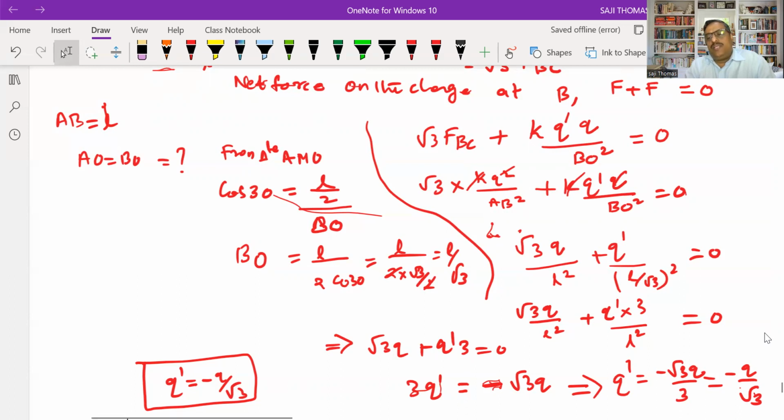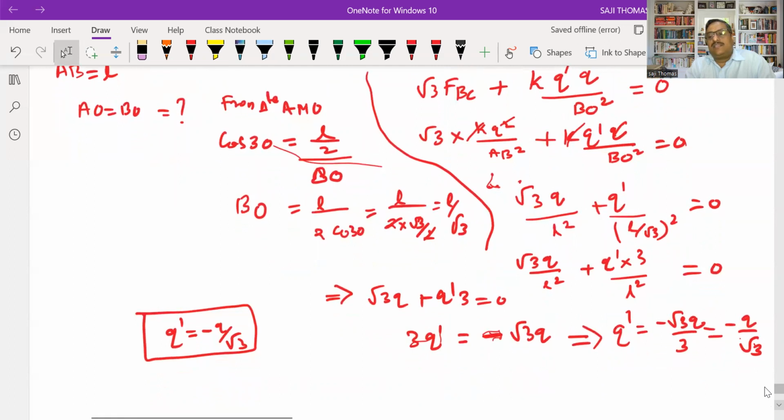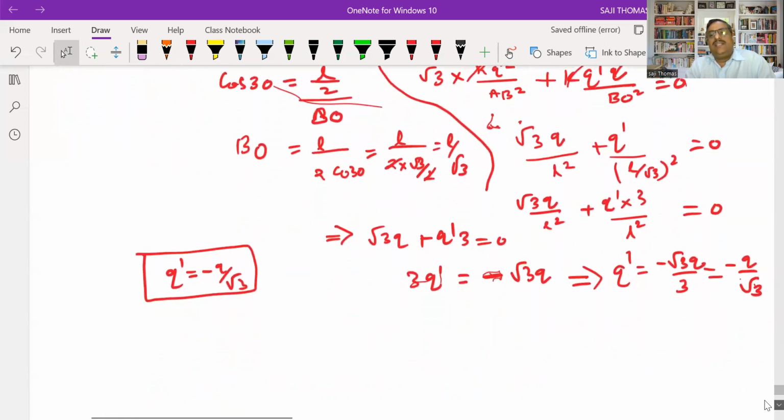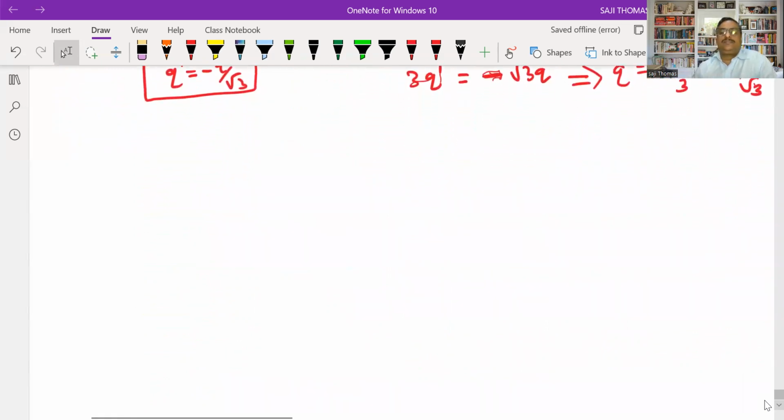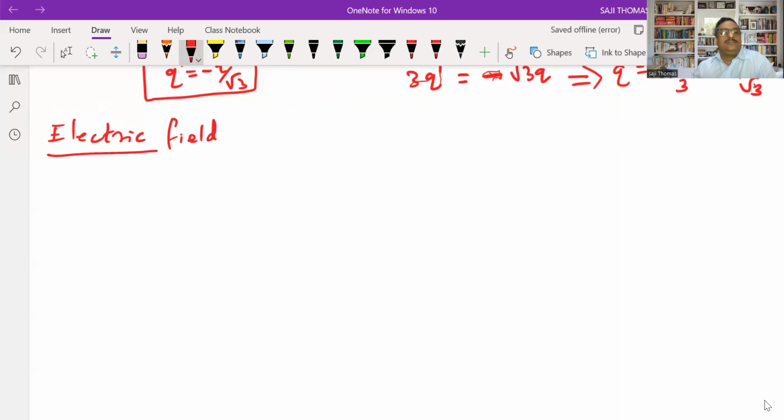Now we are going to the next topic, electric field. Field, you know, means space, a region. When you consider a charge, this charge can exert force on other charges.